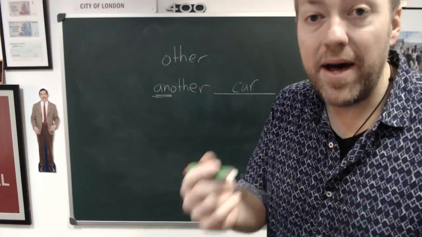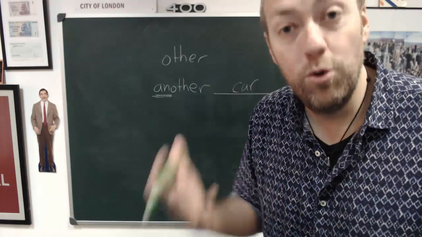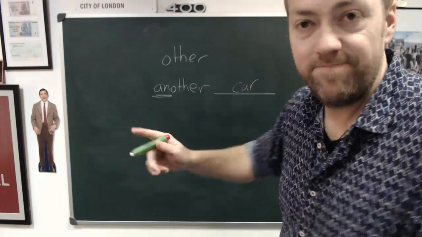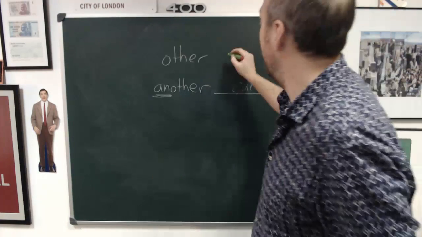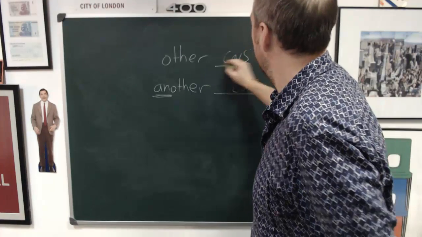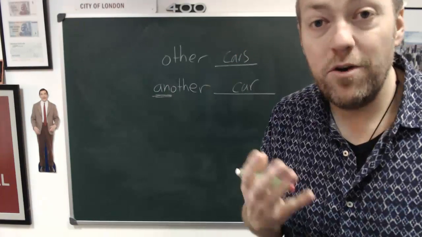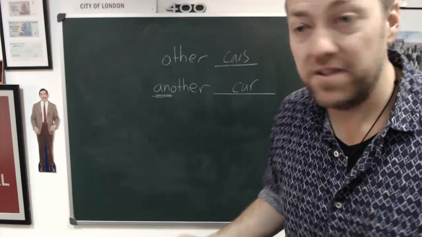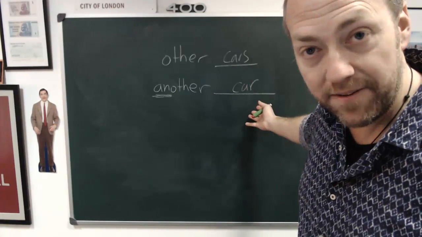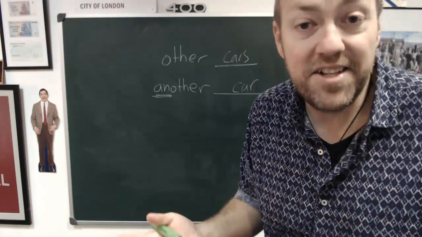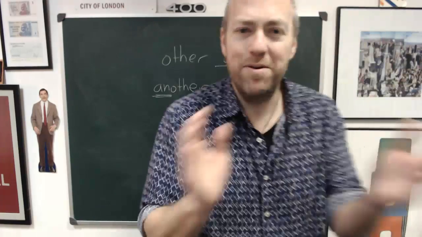But if the object is plural, then no article. Others. Cars. So this is basically the only difference. Plural and singular. And that's it. Easy. No problems. Easy.